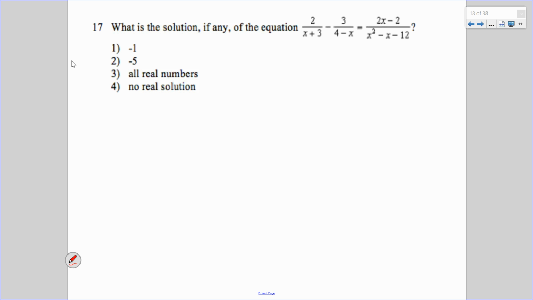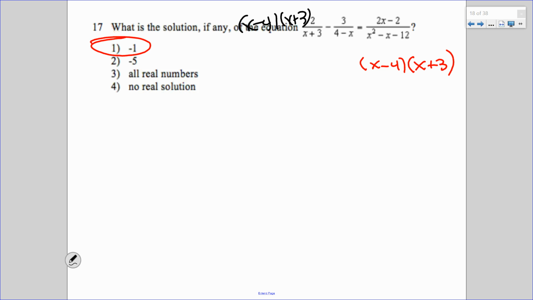Now, if I'm going to do this by hand, I'm reluctant, but I'm going to do it. What makes this equation different than a middle school equation? Fractions. To get rid of fractions, multiply by the LCD. To find the LCD, find all your factors. Factor the denominator first. My LCD here is x minus 4, x plus 3.